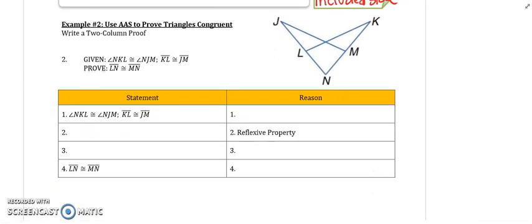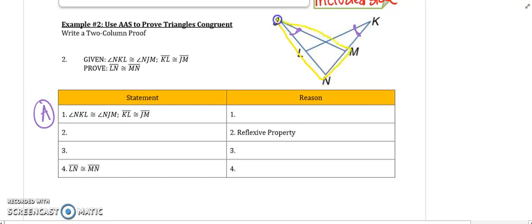So let's try this. And of course, we're going to mark our figure. It tells me that in KL, this angle up here is congruent to NJM. So that gave me a set of angles. Hopefully you can see the 2 triangles it's talking about. We have a triangle here and a triangle here.